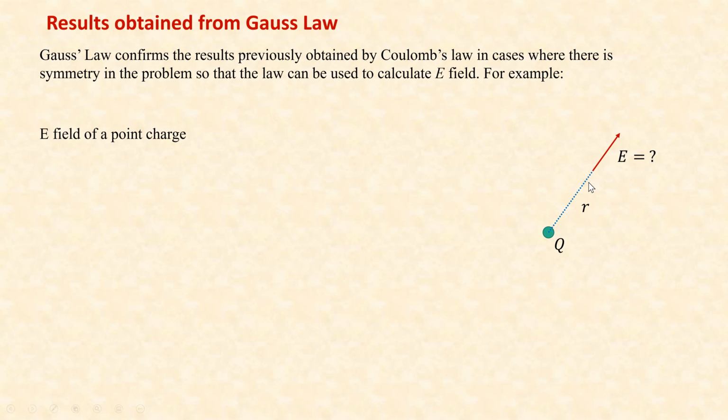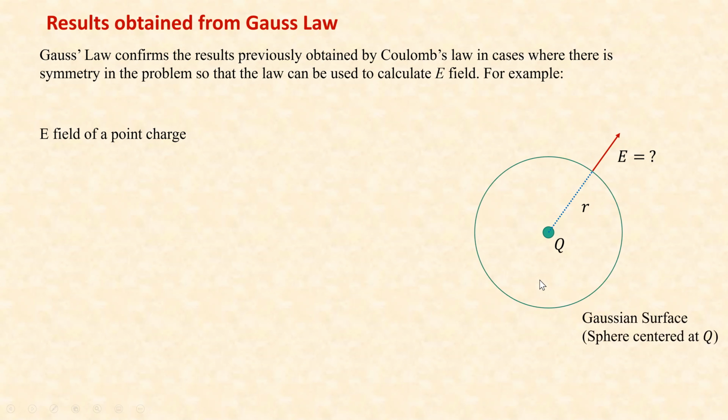We want to find the electric field at points at distance r from the point charge. So we take a Gaussian surface, which is a sphere centered at the point charge with radius r. The sphere passes through the point where we want to calculate the electric field.